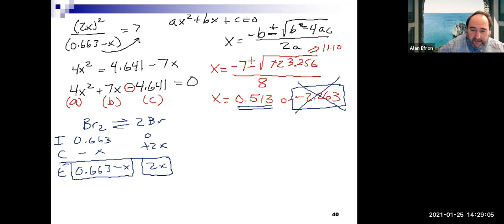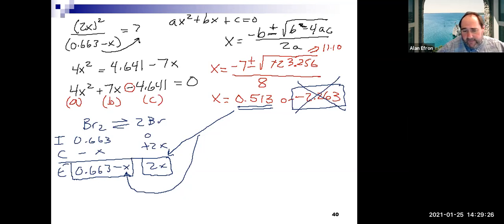Also, if you put it into the first one, it's okay. But if you put it into the second one, 2 times that negative is going to give you negative concentration, which you cannot have. So this is the X value that we should put into here and also into here.